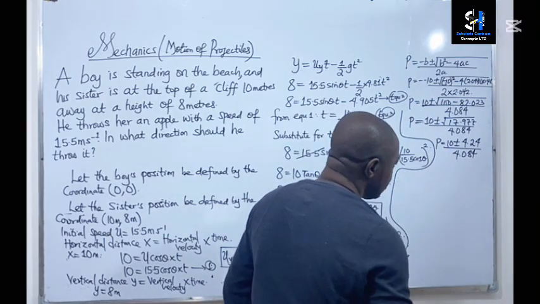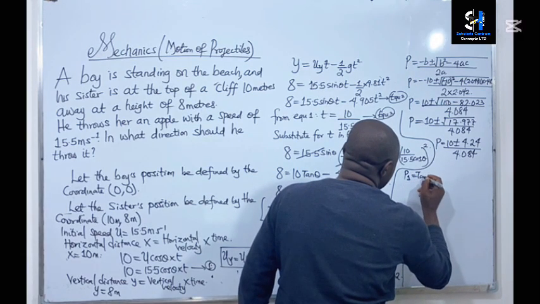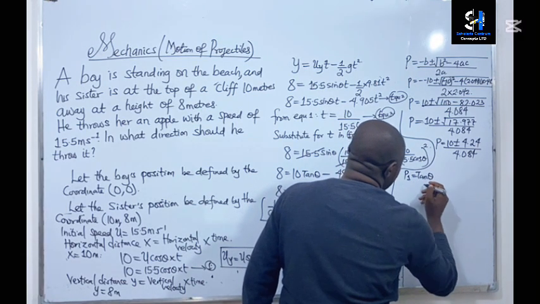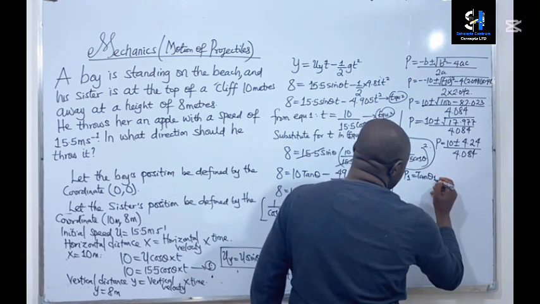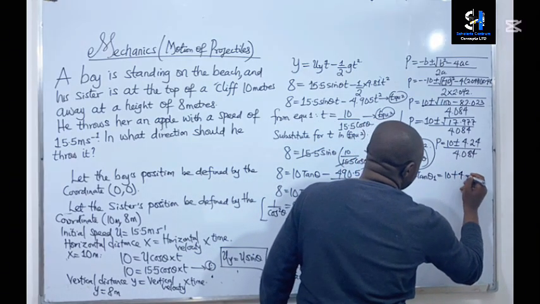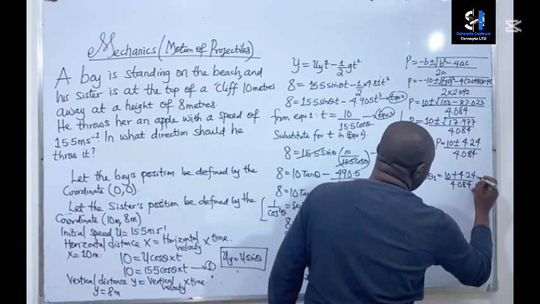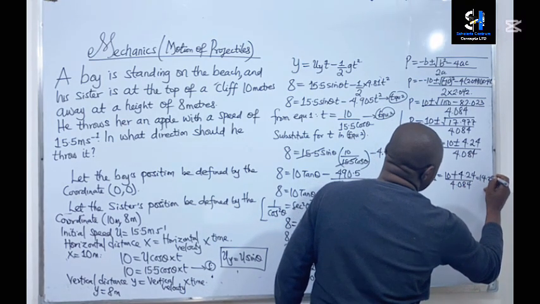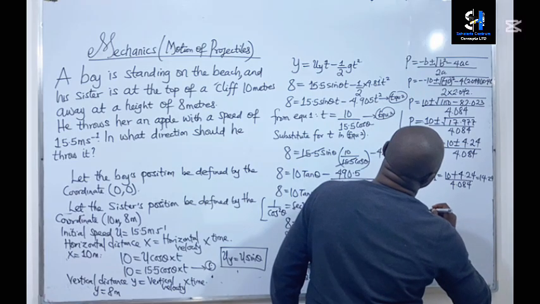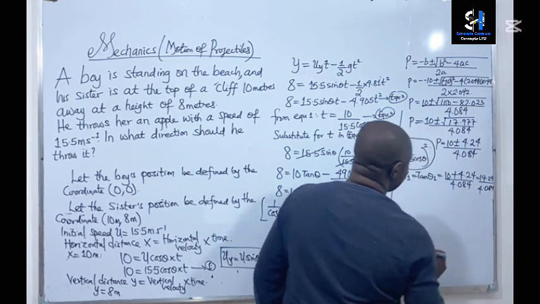So there will be two values of P. The first P, we know that P equals tan theta. Let's make that theta 1. This now will be equals to 10 plus 4.24 divided by 4.084. That will be 14.24, divided by 4.084.